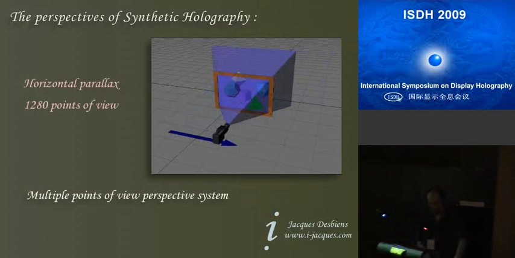So from my point of view, no pun intended, this is a multiple point of view perspective system. And this is, in fact, the holy grail of the perspectivist. So let's take a look a little bit at history, what I mean by that.